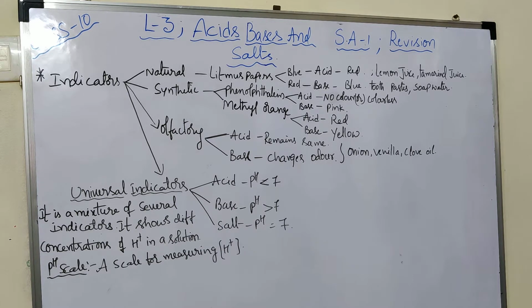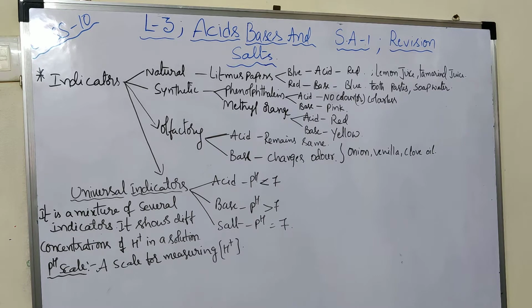Next, coming to the universal indicators. By using natural, synthetic, and olfactory indicators, you can only find out whether the given solution is an acid or base. But with the universal indicator, along with that, you can find out whether it is a strong acid or weak acid, or strong base or weak base.